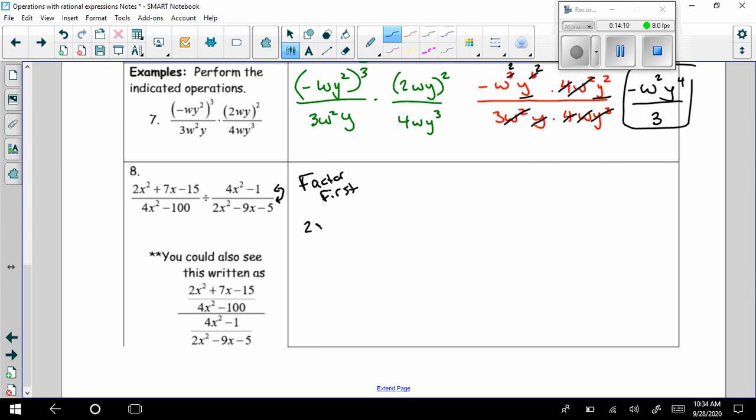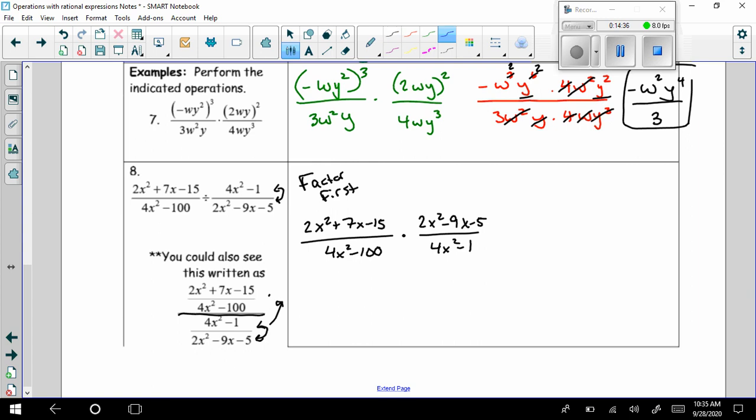So we have 2x squared plus 7x minus 15 over 4x squared minus 100 times 2x squared minus 9x minus 5 over 4x squared minus 1. Now, keep in mind, this means the same thing. We would flip this up and multiply.